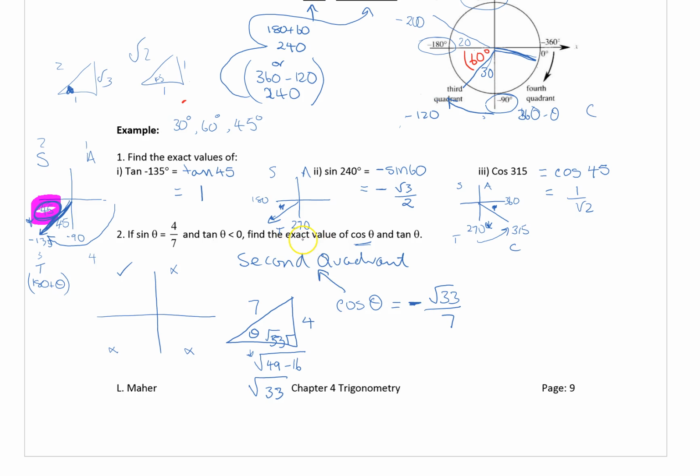And again, something I didn't actually point out in the beginning was that these questions also say exact, which now is a different situation where exact means something else. In this situation, we're not being asked to find theta, so we're not thinking our answer is going to be 30, 60, 45.